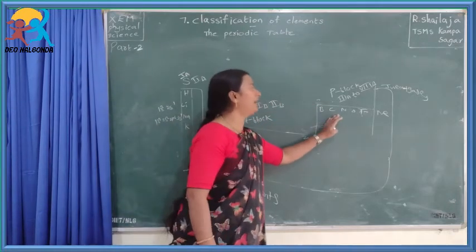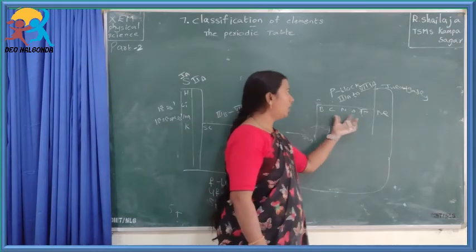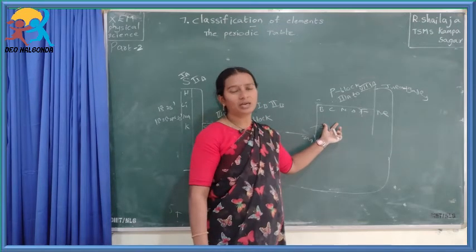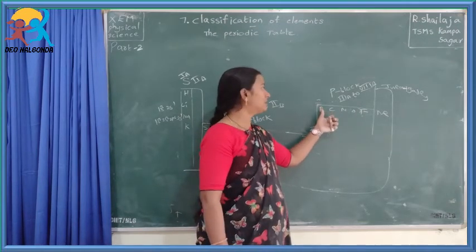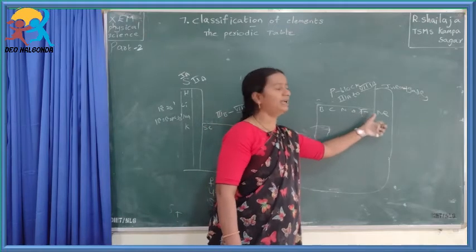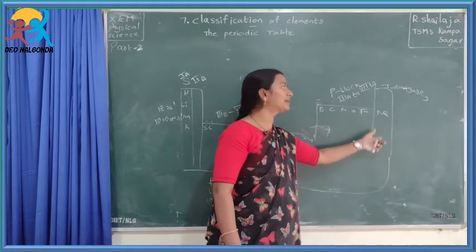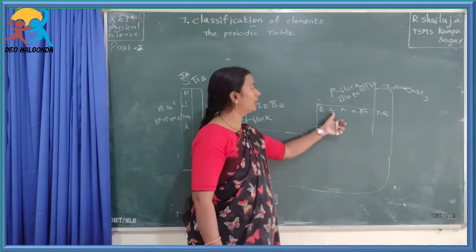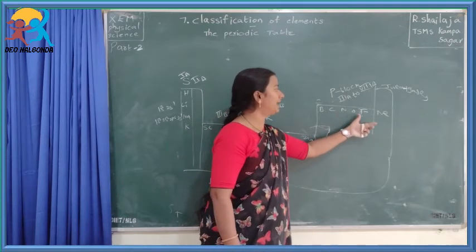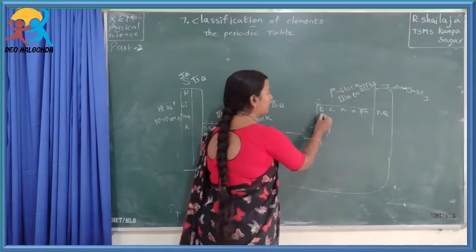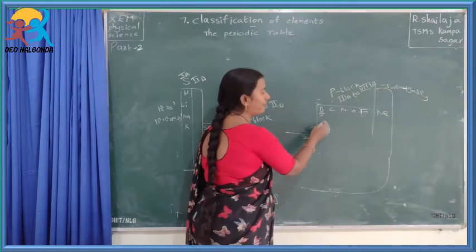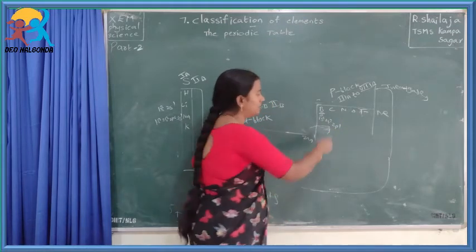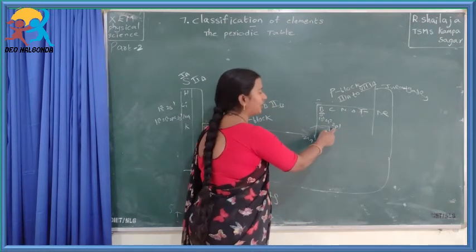In the P block elements, the last electron is entering the p orbital. That's why they are called P block elements. P block elements are the 3rd A, 4th A, 5th A, 6th A, 7th A and 8th A groups, including the inert gases, the noble gases. If you take boron, atomic number 5, 1s2, 2s2, 2p1, the 5th electron is entering the p orbital.